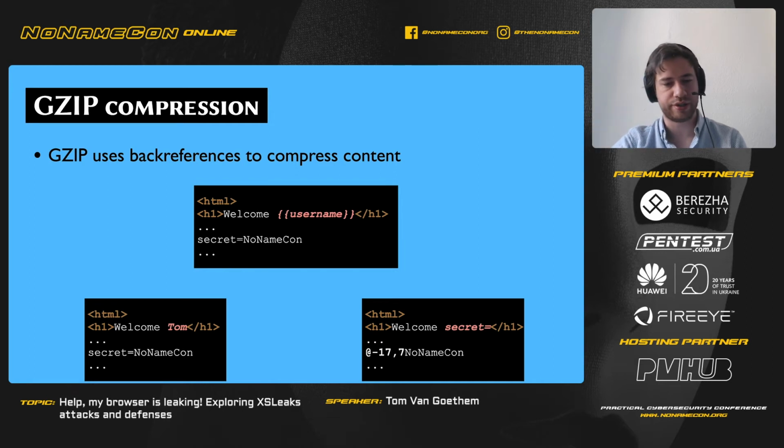When it says welcome Tom, then nothing special happens. But when it's welcome secret equals, then these 7 characters of "secret=" that occur later in the document can be replaced with a back reference to the first occurrence of this string.